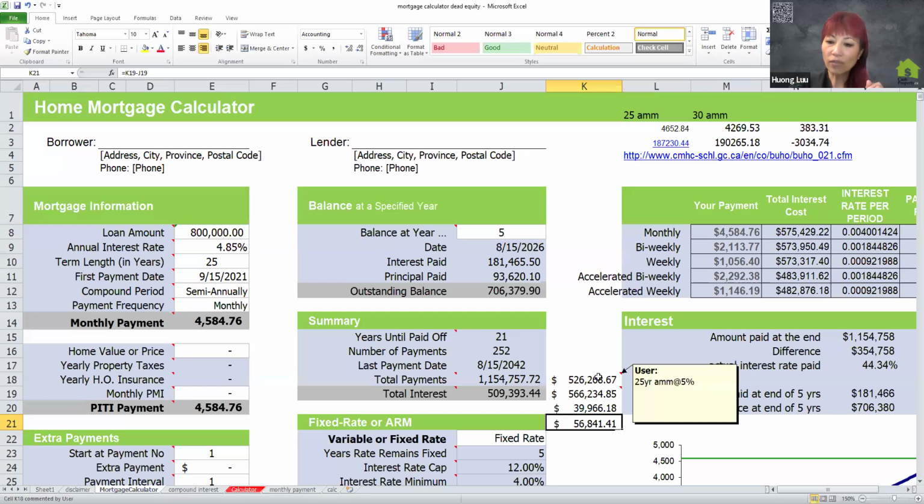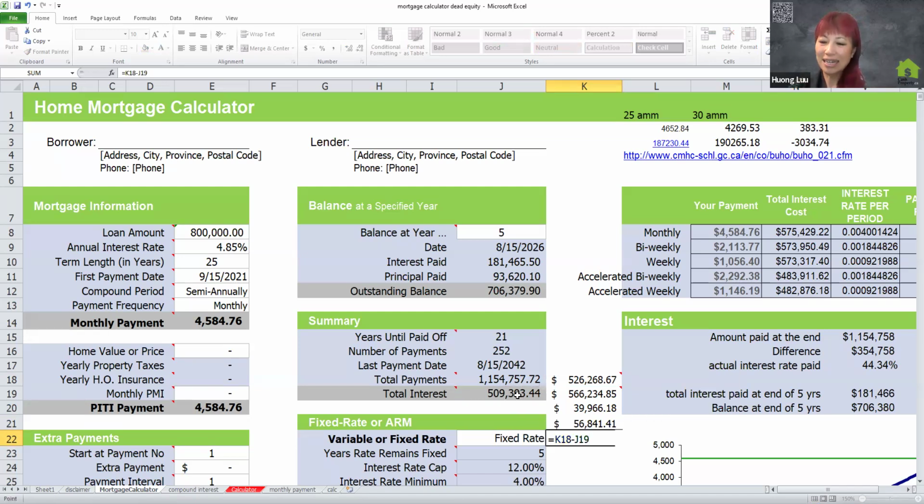But if the 25-year stays the same, and I'm just going from 5% to 4.85, then the difference is the $526,000 minus the 509,000. That's $16,000 over the life of the mortgage. That's huge. For some of us that is a couple of nice family vacations. So that is one way to look at it.